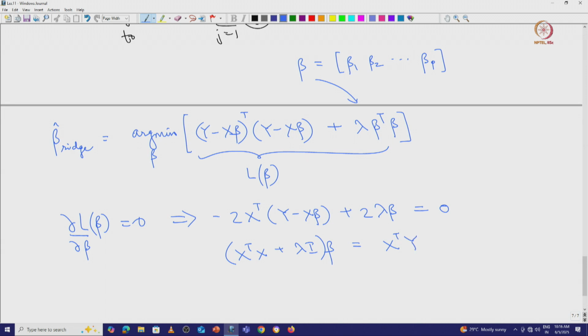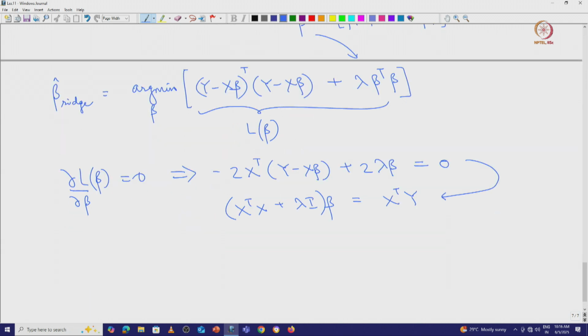I encourage you to check that this step leads to the next. You should always try to work out things on your own. Finally, if you invert this, you would find that beta ridge can be expressed analytically as (x transpose x plus lambda I) inverse x transpose y.